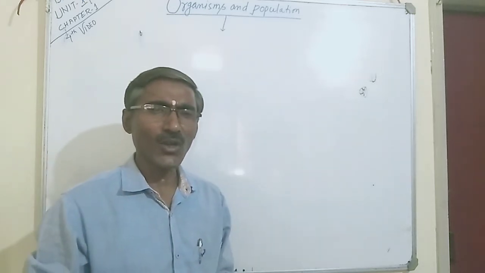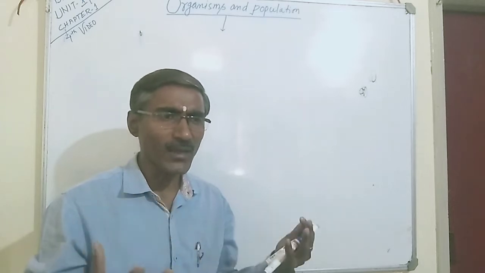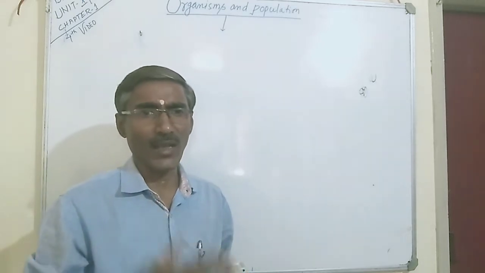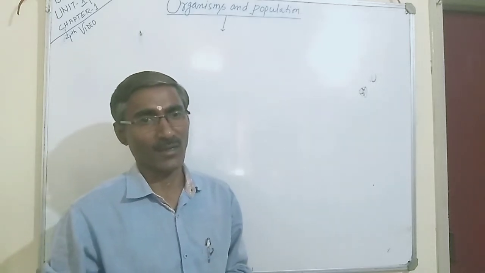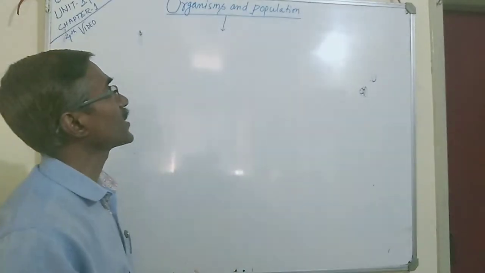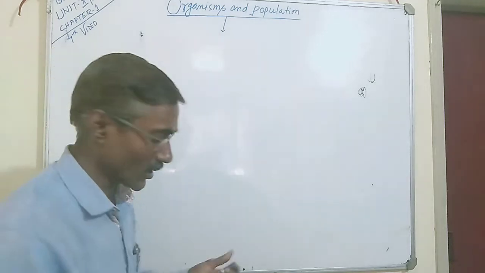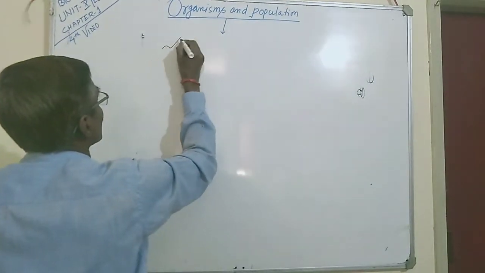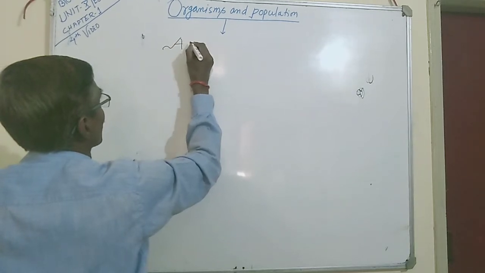Not only adaptation but also how they can survive comfortably with the continuity of their life or reproduction. That is the most important thing about organisms and population. At the organisms level, this is the interaction.